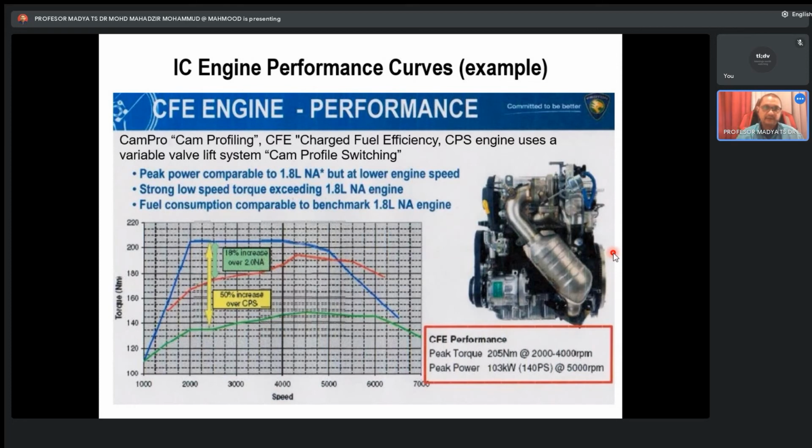The peak power is comparable to the 1.8, but at lower engine speed. Strong low speed torque exceeds the 1.8 liter. Fuel consumption is comparable to the benchmark 1.8. This is the comparison based on the Proton engines.